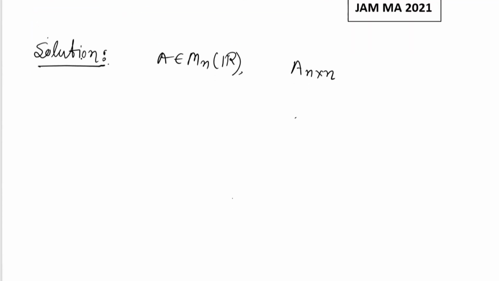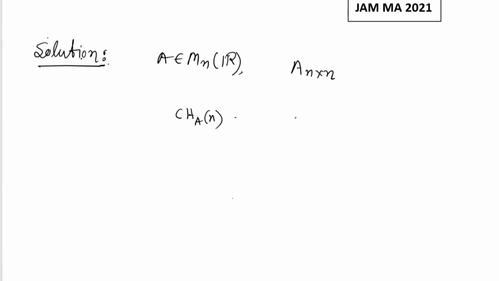We already know that every matrix has a characteristic polynomial. So let ch_A(x) be the characteristic polynomial of A.